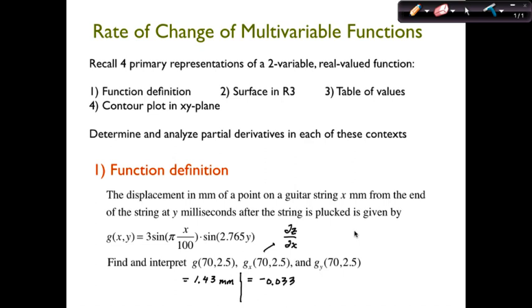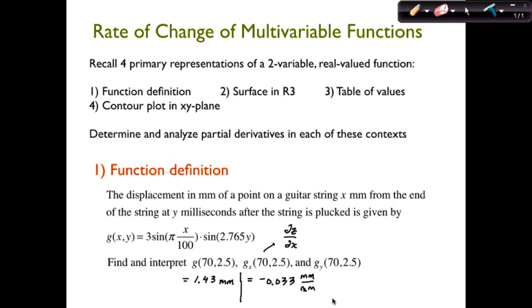So changes in z are measured in millimeters. Changes in x are millimeters. Do we want to cancel them out? No. Z is millimeters, like displacement of the string. X is millimeters down the string. Totally different, right? So millimeters up and down per millimeter this way along the string.